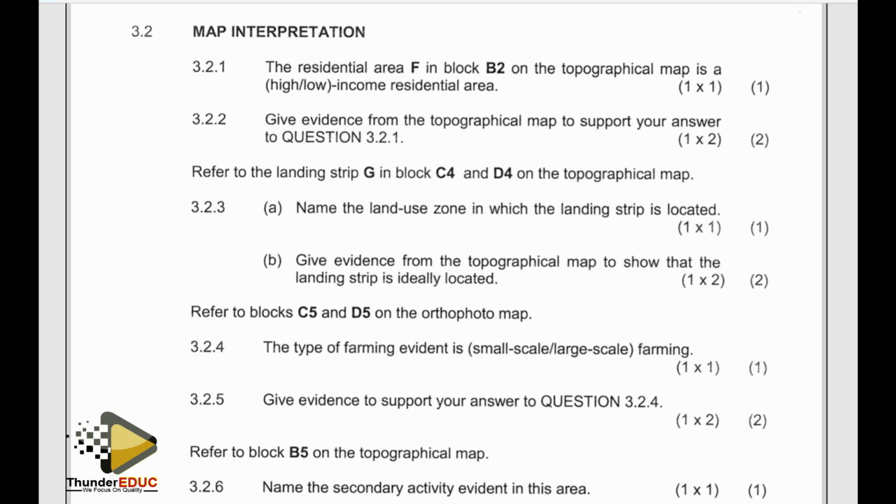We can look at functions like the landing strips, airports, cemeteries, or golf courses. Those are some of the functions that fall in the land use zone of the rural urban fringe. That's the name of the zone.